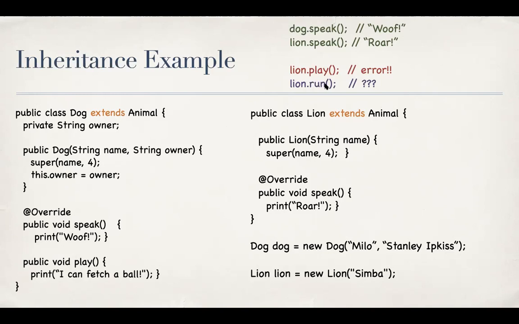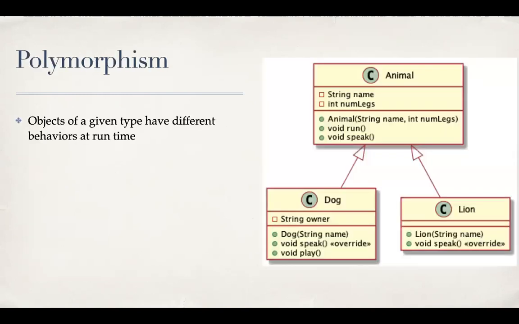The other important aspect of object-oriented programming is polymorphism. So polymorphism, briefly, is when objects of a given type can have different behavior at runtime. So in this example, we'll see how we can create an animal who behaves like a dog and an animal who behaves like a lion.